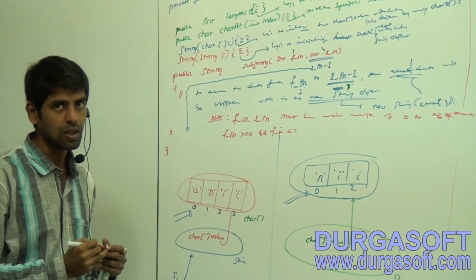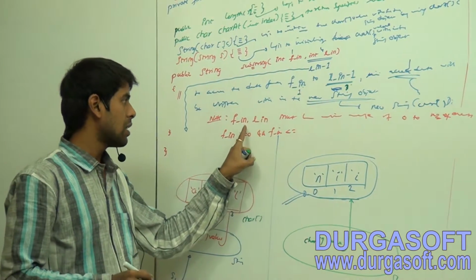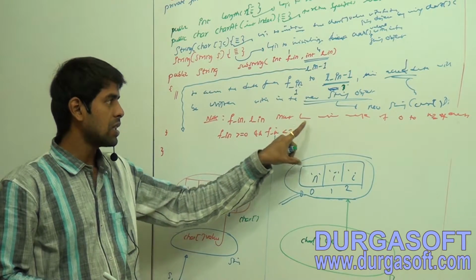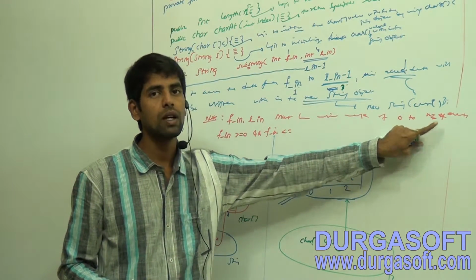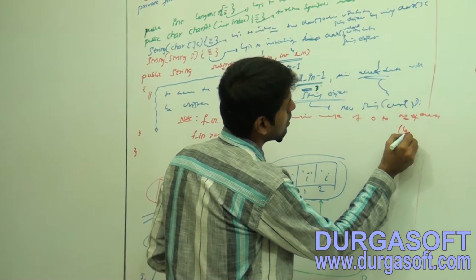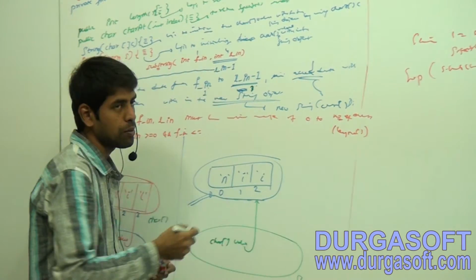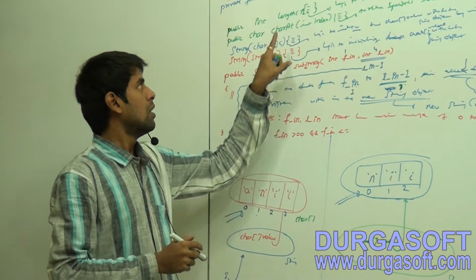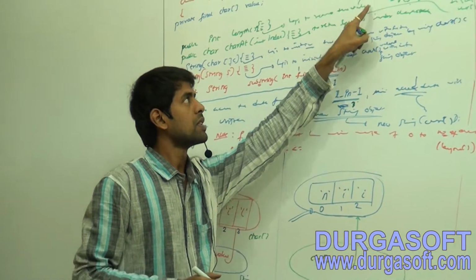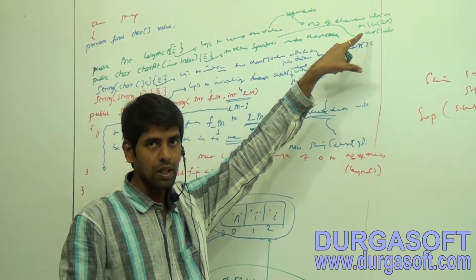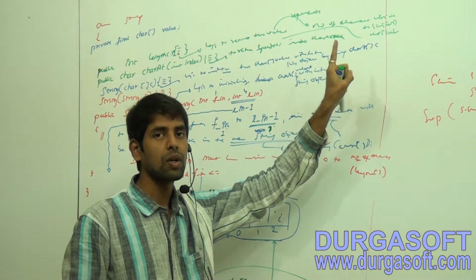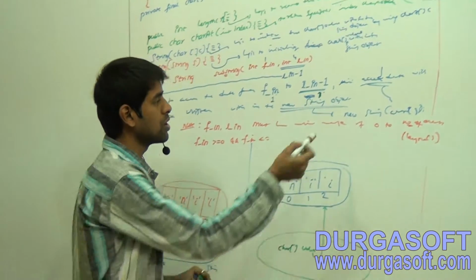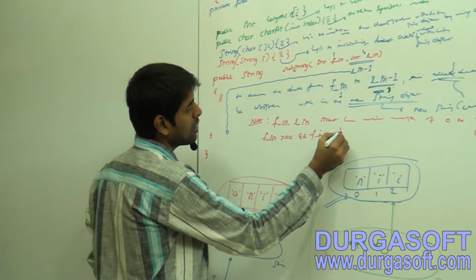This first index value and last index value must be within the range of 0 to the number of elements, meaning the length method return value. Number of elements represents a value. Now 0 to length, so let it be length.